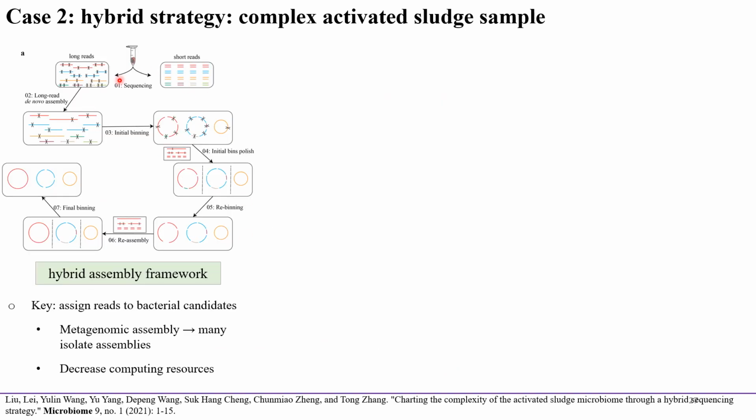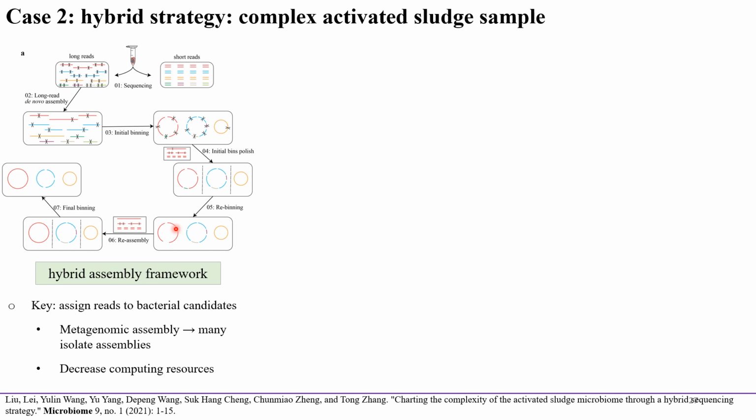Targeting such high complexity, a new hybrid assembly framework was designed. The key idea of this approach was to assign sequencing reads to bacteria candidates. In this way, a metagenome assembly has been divided into many miniature assembly processes of bacterial isolates.